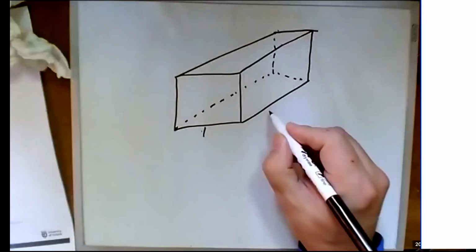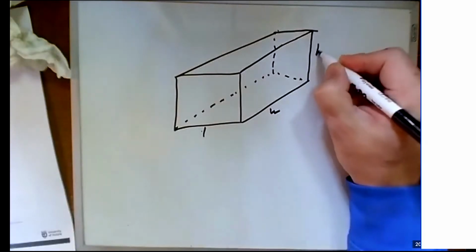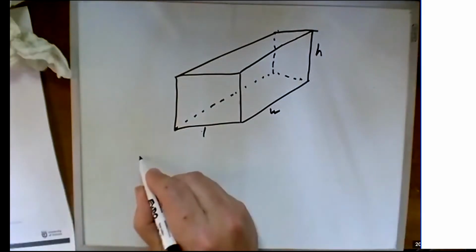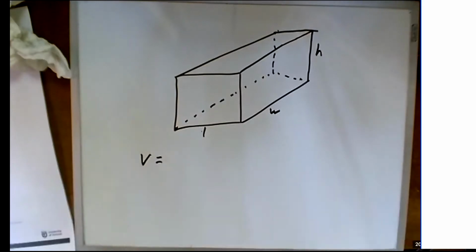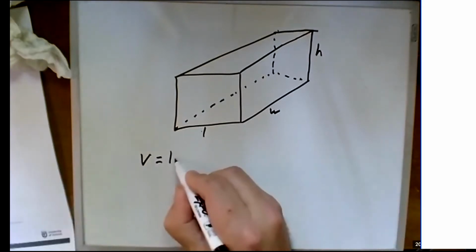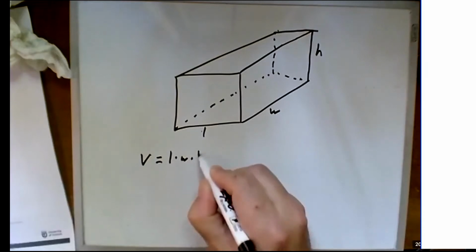If that's the length, and that's the width, and that's the height, your volume for any of these rectangular boxes is just going to be length times width times height.